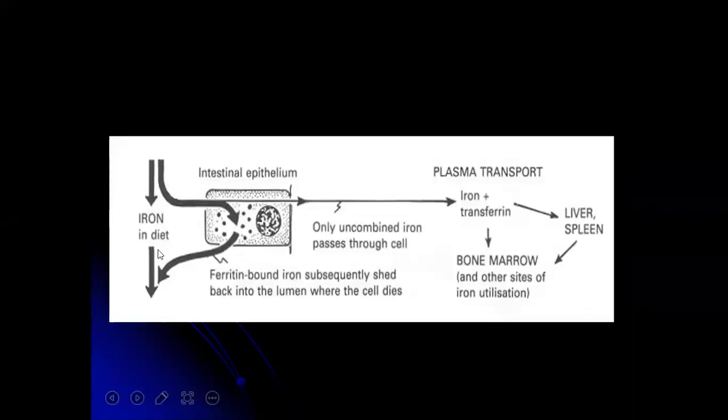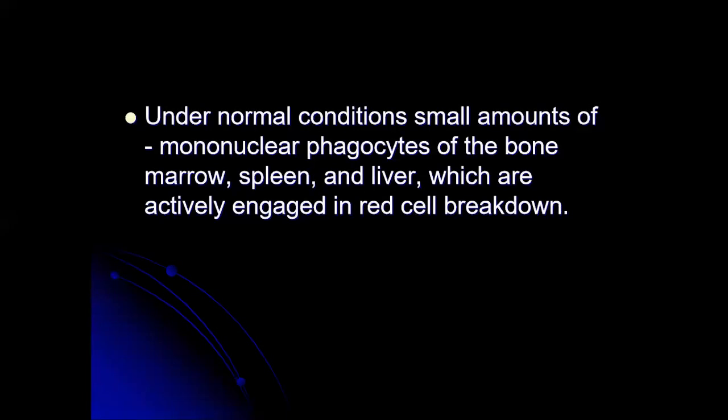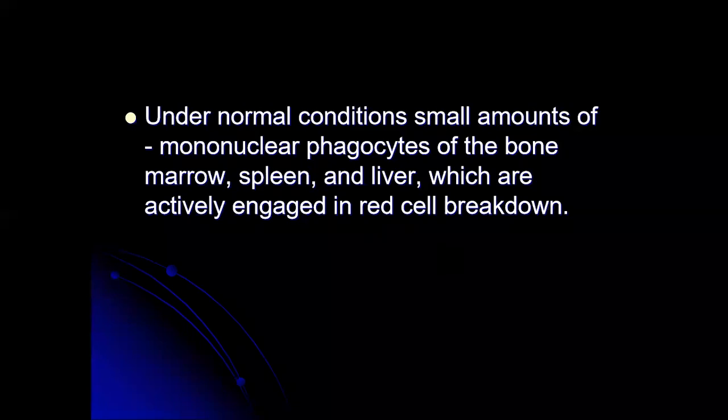You know about it: iron in diet, intestinal epithelium, transported with transferrin all the way to the liver, spleen, and bone marrow. And in excess, this now becomes a problem, especially when you have hemoglobinopathies, so hemoglobin problems where hemoglobin is continuously being destroyed.